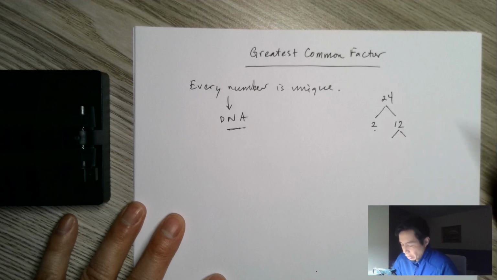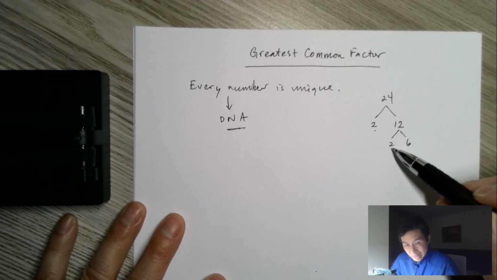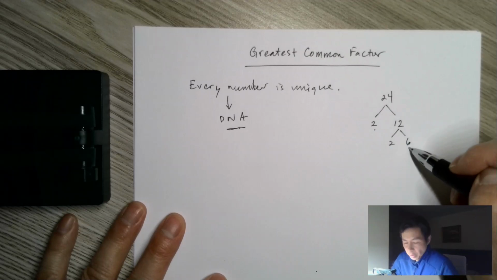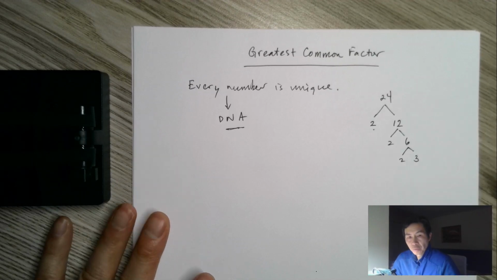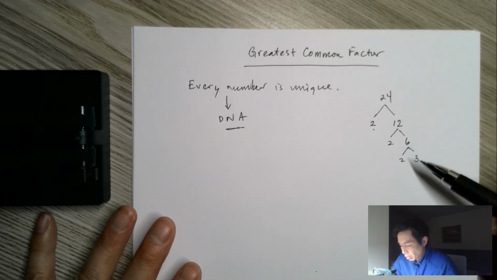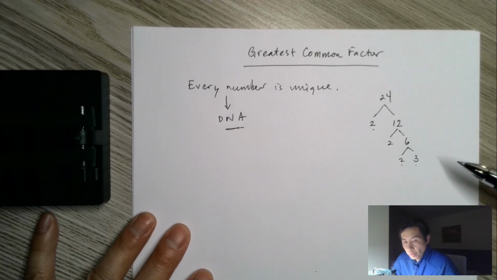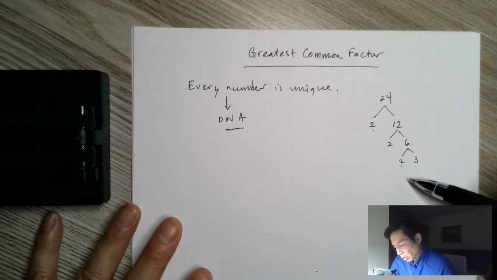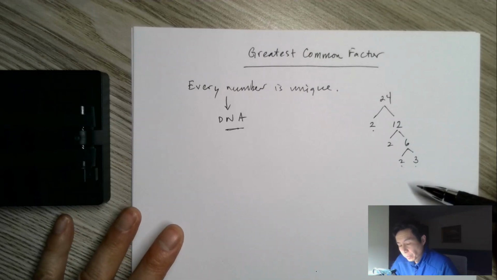The first thing that comes to mind is 2 and 6. This branch ends because 2 is prime again, and I continue two more branches from 6, 2 and 3. And I've reached the end of the last two branches because 2 and 3 are both prime. So I don't factor prime numbers since their factors are only 1 and itself.